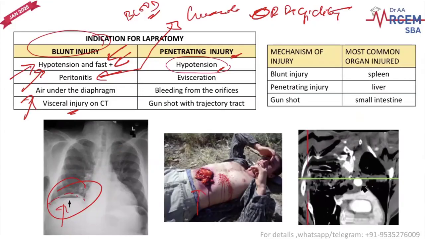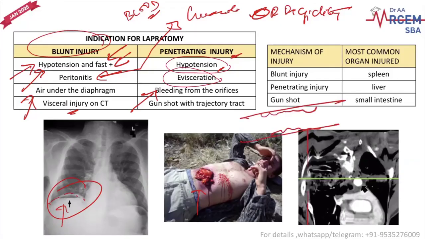If the internal organs are oozing out, that is also an indication for laparotomy. If there is bleeding from the orifices, that is bleeding from the mouth, in the sense he is vomiting blood, hematemesis is present, or there is a PR bleed, hematochezia is present. What does it indicate? There is some injury to the bowel loops.